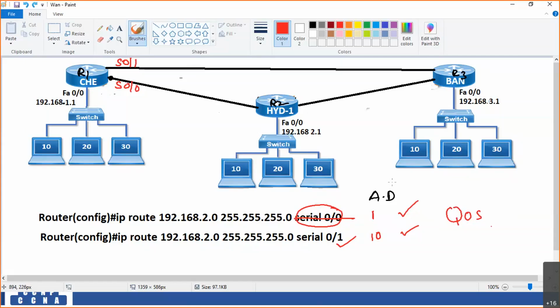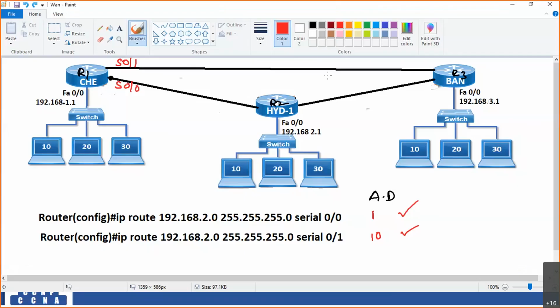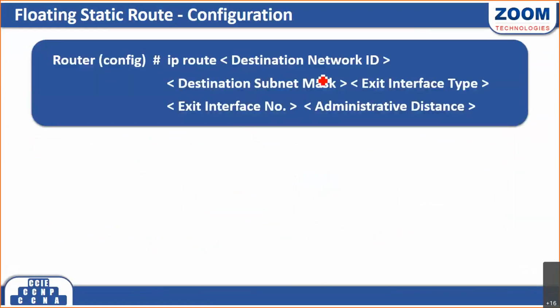That is what quality of service means. So floating static route configuration: IP route, destination ID, mask, exit interface, administrative distance.